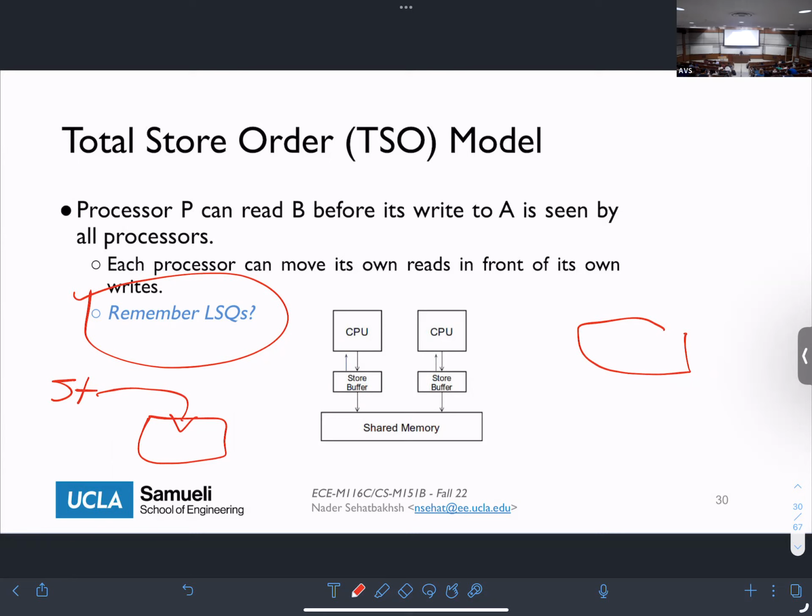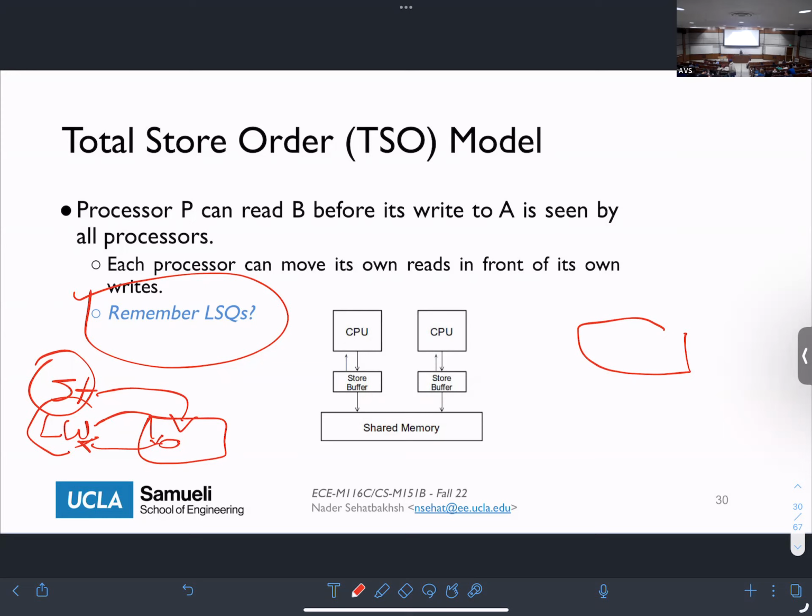And then if we have a load here, we go to the load and see this is there, and we're going to read that value. Remember, from the memory perspective and from the other core's perspective, we never see the store happening, but internally we see the store is happening. So that's why the store kind of happens before the load internally.